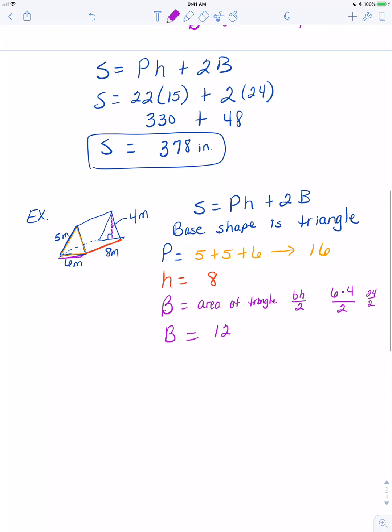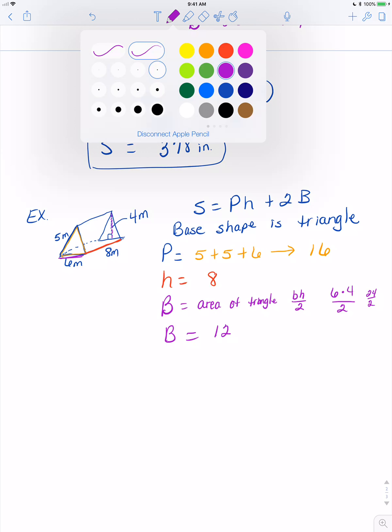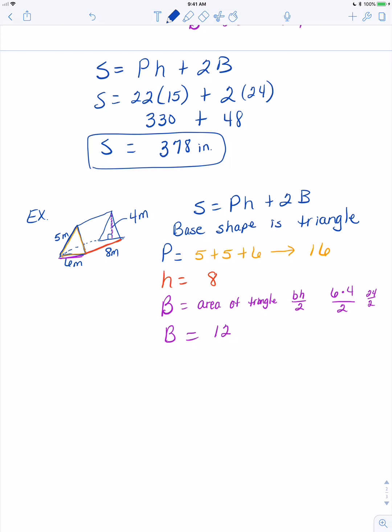So now let's go fill out the entire formula now that we've calculated all these. So surface area is capital P, which we determined was 16, times the height of the shape, which is 8, plus 2 times the area of that base, which is the area of that little end triangle.